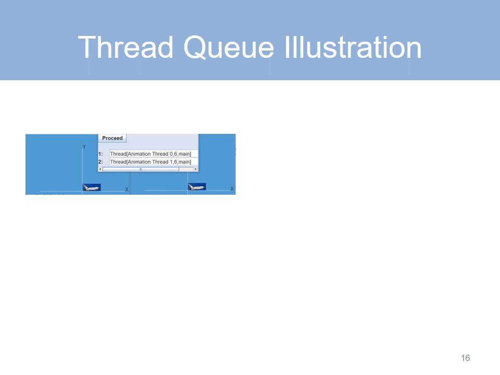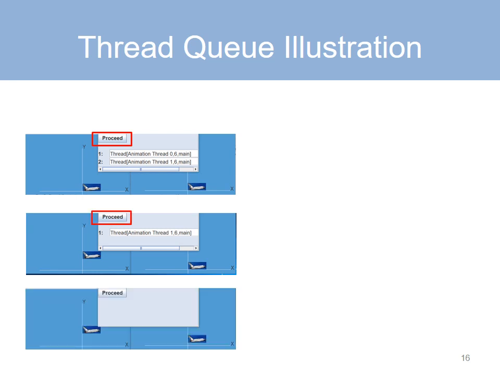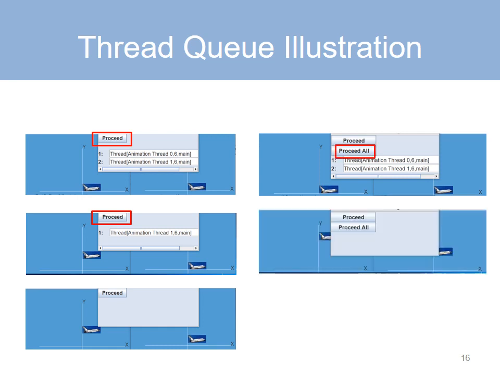So you see these two threads waiting right now, and here's a visualization of the queue into which these two threads are queued. When I do proceed, one of the shuttles starts moving, and you see the queue has this other thread. When I do proceed one more time, the queue is empty, and in this case there are two threads in this queue. I do proceed all, and the queue gets empty.